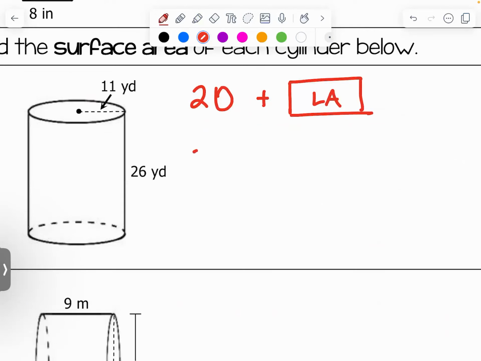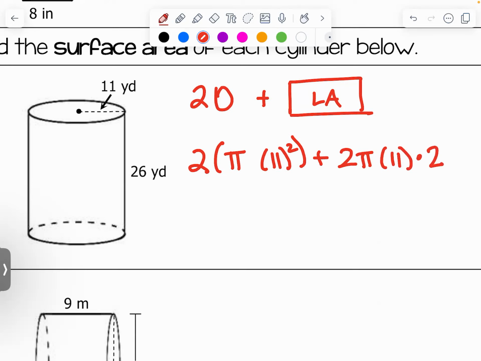So we have 2 pi r squared, and then our lateral area is 2 pi r times our height. So we have 2 circles plus the lateral area.